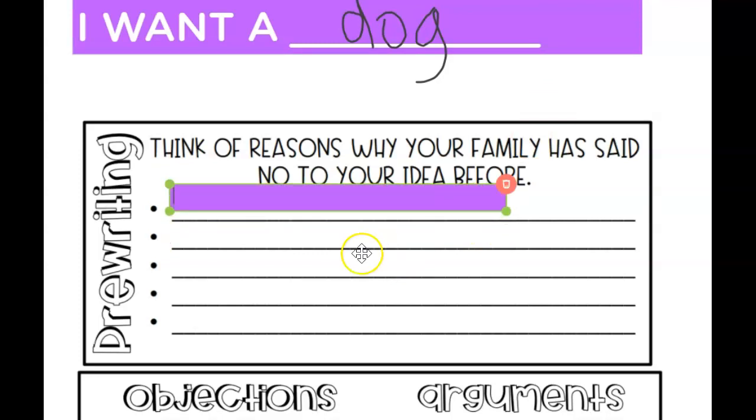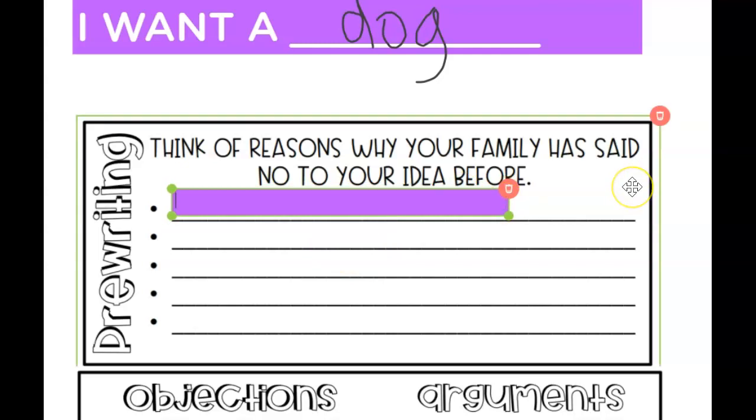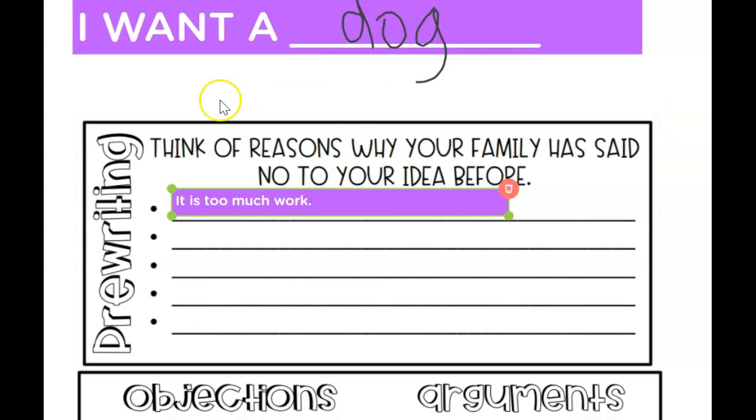If you ask them, why can't I have a dog? Why can't I have a fish? What do they say? So my parents would say, it is too much work. That's probably what a lot of your parents will say for different kinds of animals. So that could be one everyone can put on their list.